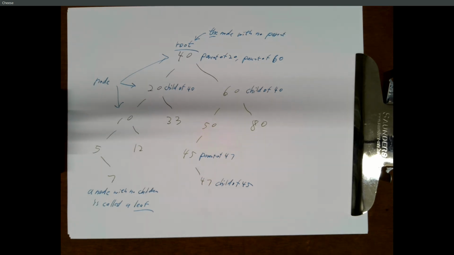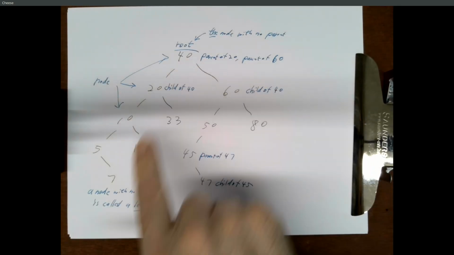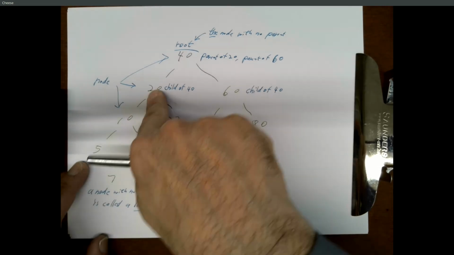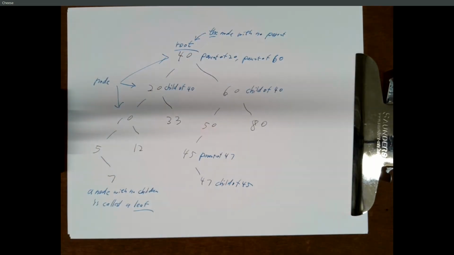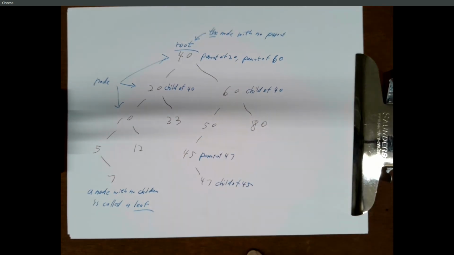And if you follow the path from a node to its parent, to that node's parent, to that node's parent, and keep going, eventually you will get to the root. Right? 7's parent is 5, parent of 5 is 10, parent of 10 is 20, parent of 20 is 40, the root. And if you start from the root, you can follow a lineage of children to get you to any node.